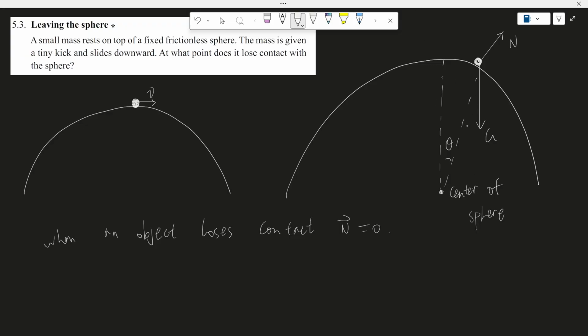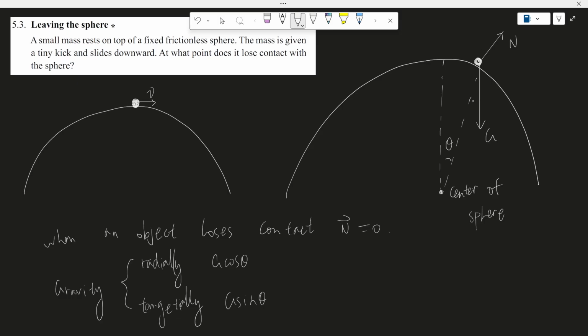So then how can we decompose gravity? So gravity basically breaks into two directions. So radially, we have g cosine theta, and then tangentially, we have g sine theta.